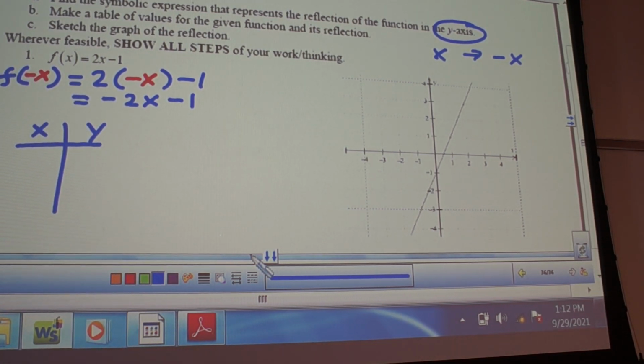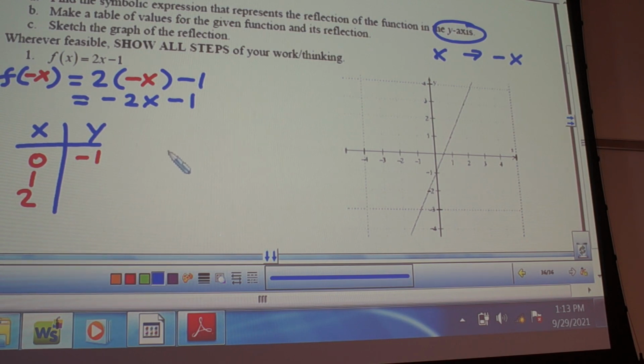All right, so now we're going to pick 3 numbers for x. I'm just going to pick 0, 1, 2 because I'm boring. So put 0 in there. When x is 0, this becomes 0. So that's negative 1. I put 1 in there for x. So maybe I should model that too.